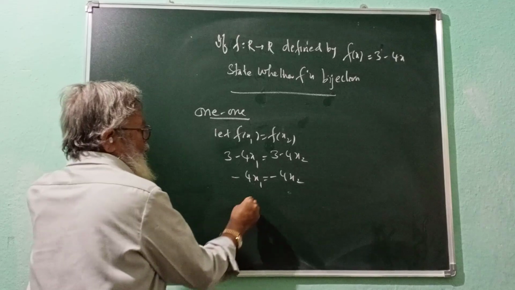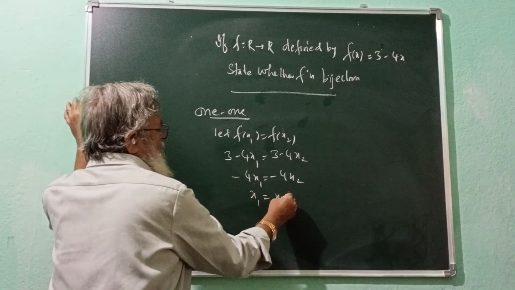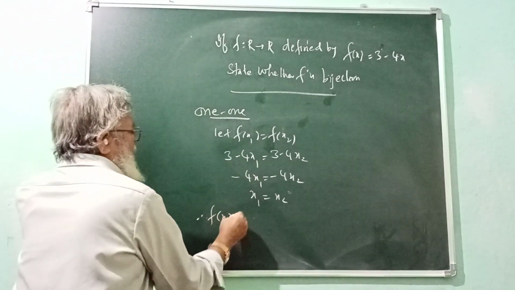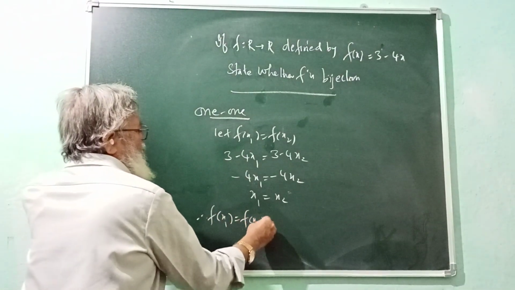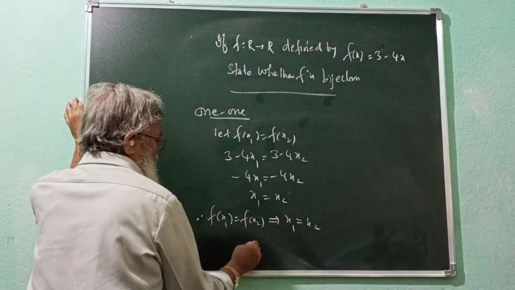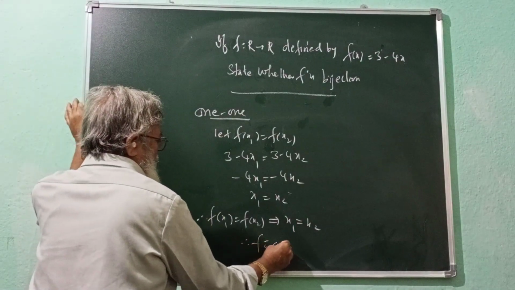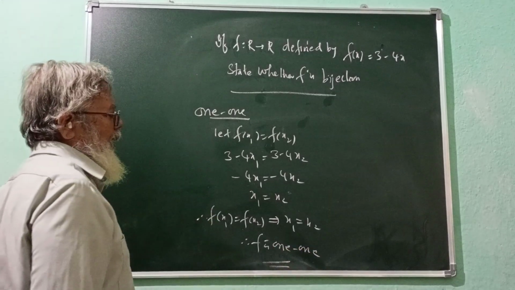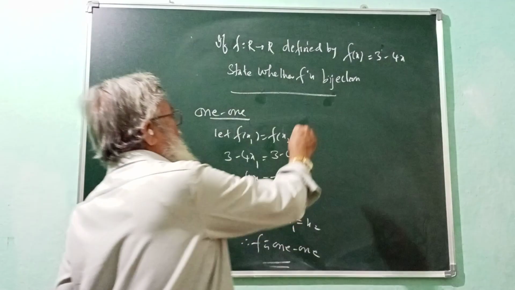Dividing by -4, x1 = x2. Therefore f(x1) = f(x2) implies x1 = x2. Therefore, f is one-one. Now let us check for onto.